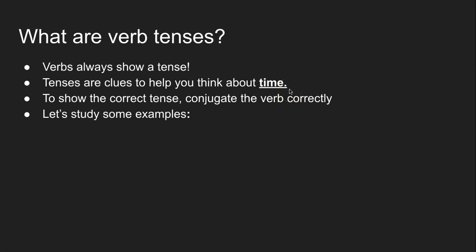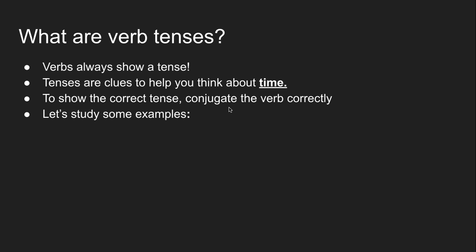To show the correct verb tense, you need to conjugate the verb correctly. Conjugate means that you need to change the verb correctly to show the correct time.